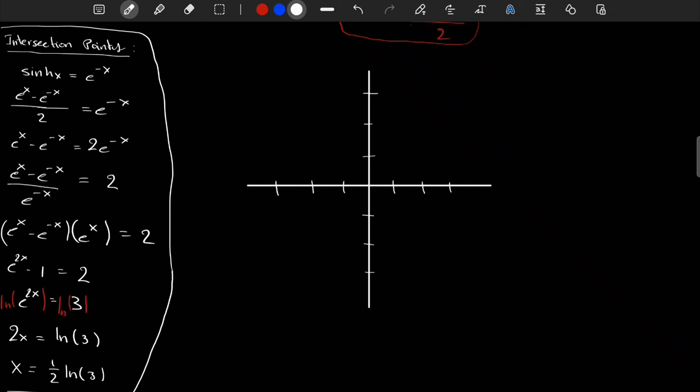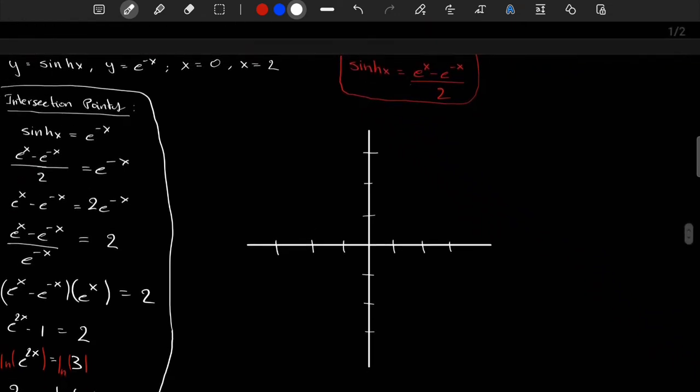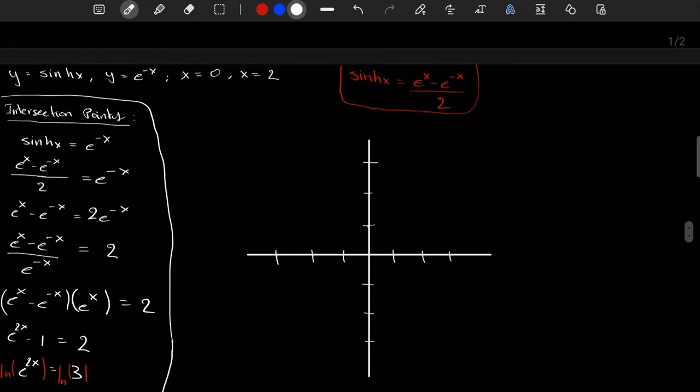We know that e to the negative x goes through 1, and that is the graph of y equals e to the negative x.